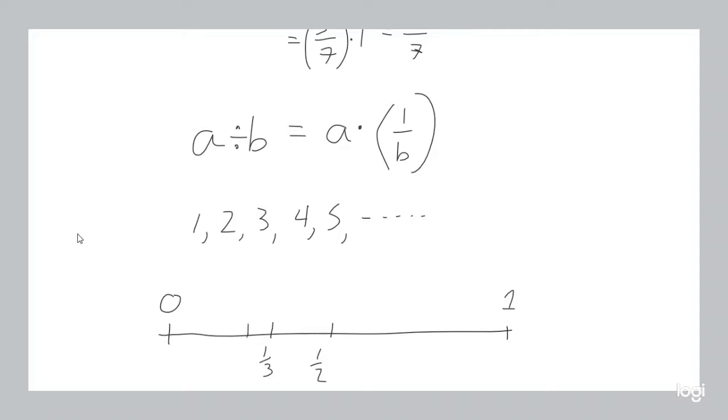There could be a fourth. There could be a fifth, and so on, right? And you can multiply by these numbers just as the same as you can multiply by whole numbers. And division is just multiplying by one of these numbers, okay?